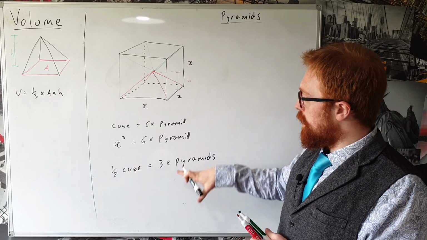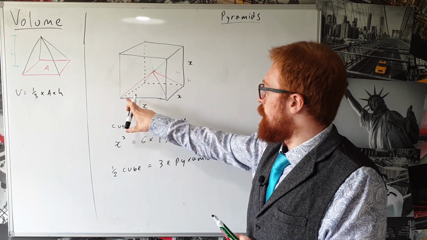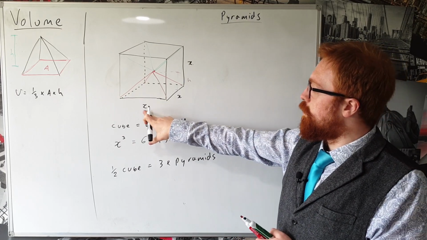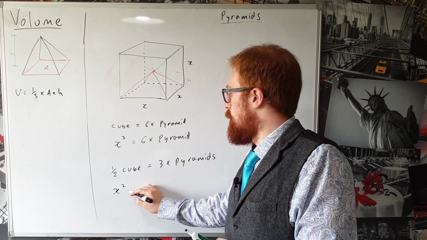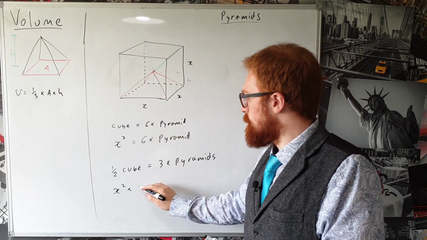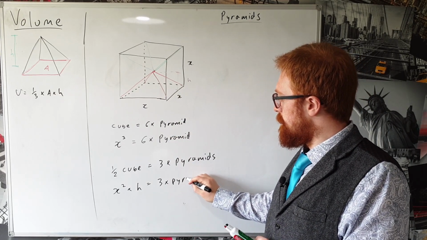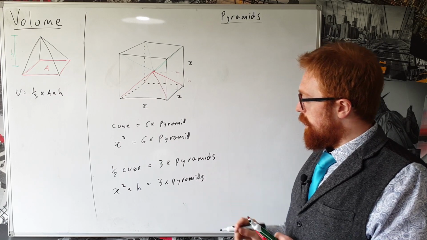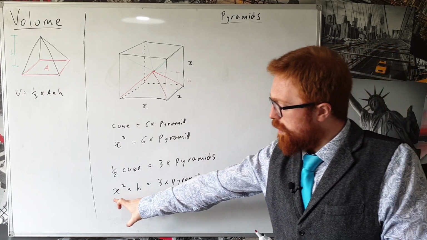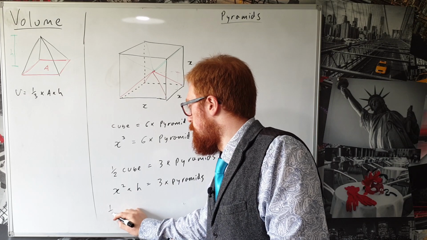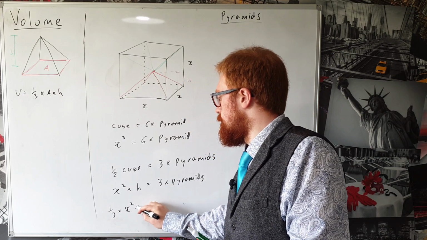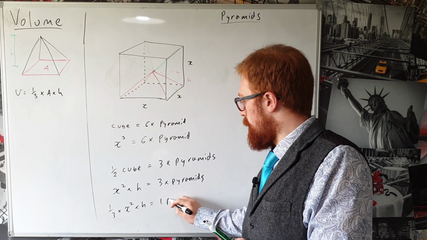So if half of the cube is 3 pyramids, well, half of the cube becomes a prism. We get x squared on the bottom times the height, and that's 3 pyramids. So that means that 1 pyramid is a third of this. So a third of x squared times h is 1 pyramid.